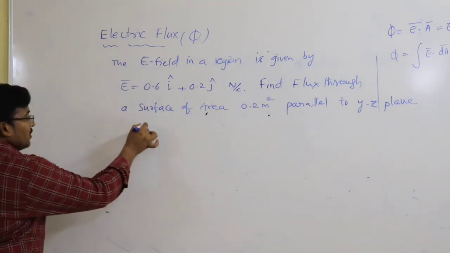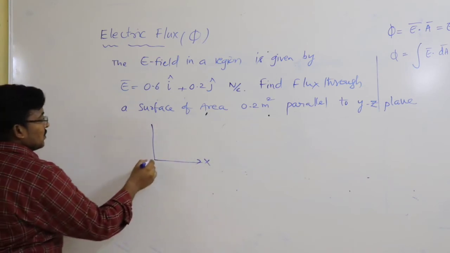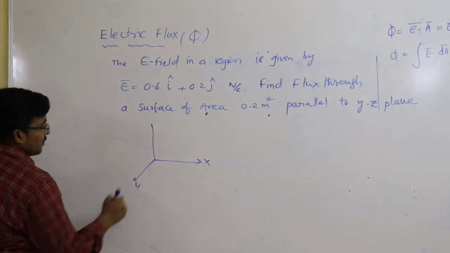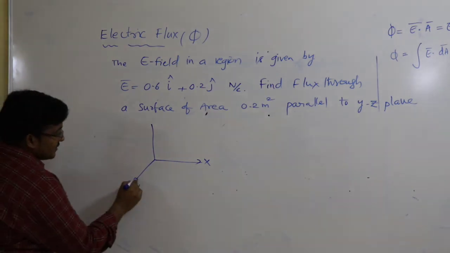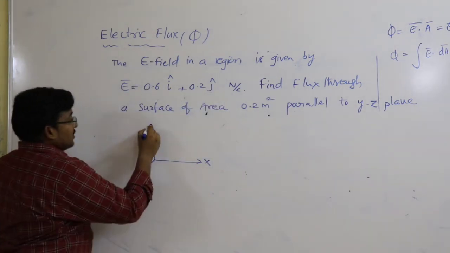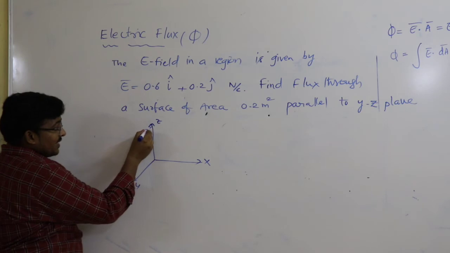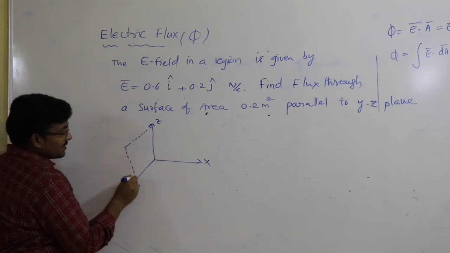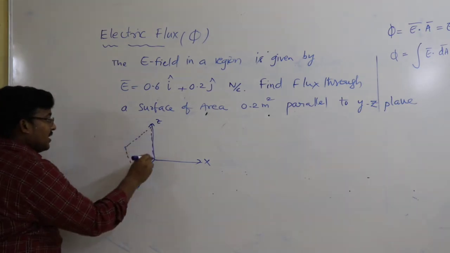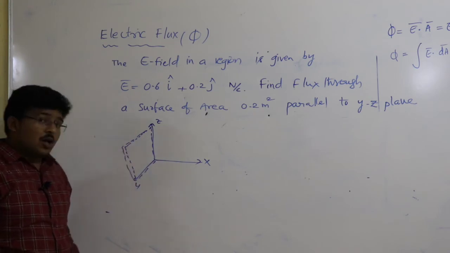Let me take this as X, Y. Now the plane is like this because they said the YZ plane, this is Z. So this is Y, this is Z, which means the surface is in this plane.